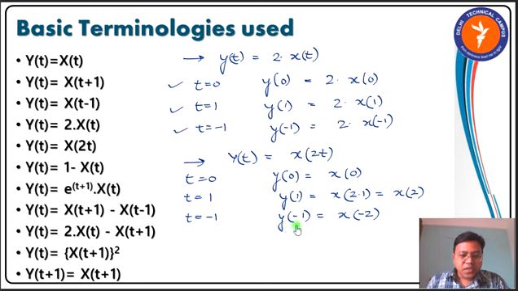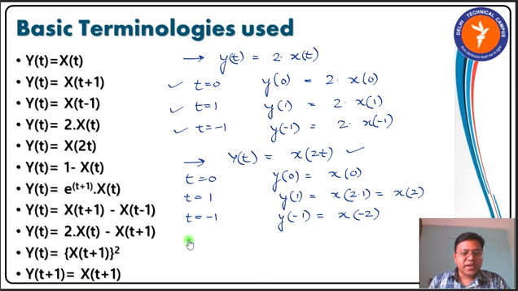It means the present output is dependent on past input, whereas earlier it was saying that present output was dependent on future input. Now it is saying that present output is dependent on past input. So this says that output may depend upon past, present and future values of the inputs.